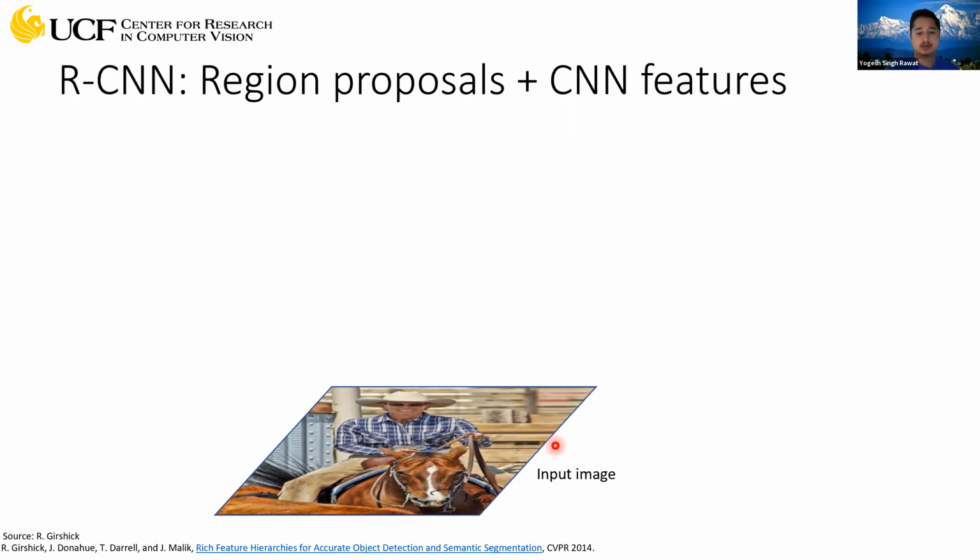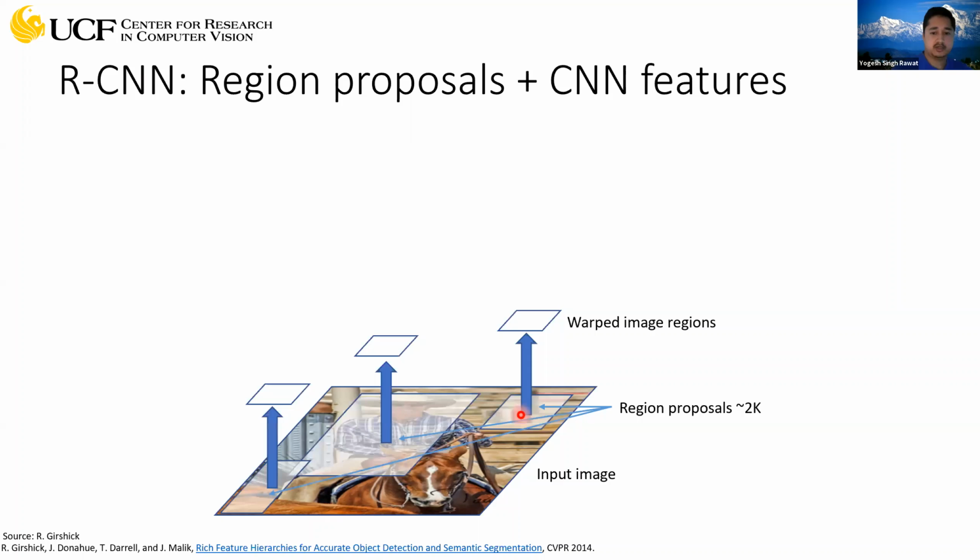You collect all those regions, which we call region proposals, and they will have different shapes, different resolutions, and maybe different aspect ratios. Here we are showing 3 different region proposals, and you can see that the resolution and the aspect ratio are different. In this particular method, we collect roughly 2,000 of these proposals.